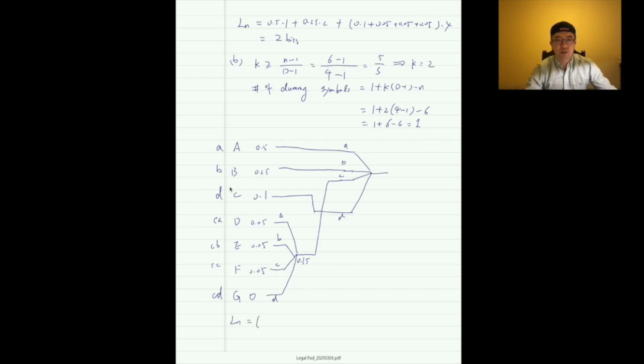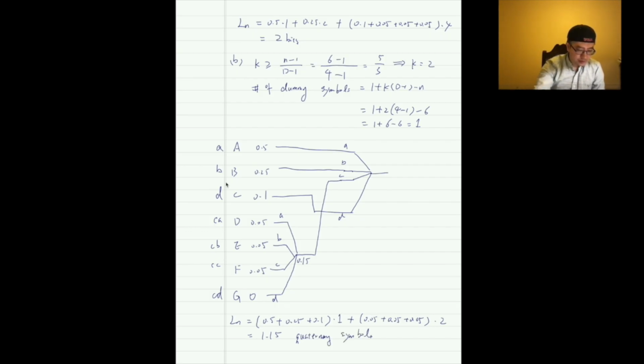We can see the first 3 have length 1, right? 0.5 plus 0.25 plus 0.1 times 1, add 0.05, add 0.05, add another 0.05, then times 2. Okay, so this equals 1.15. The unit of that is not bits anymore, right? It's called quaternary symbols.